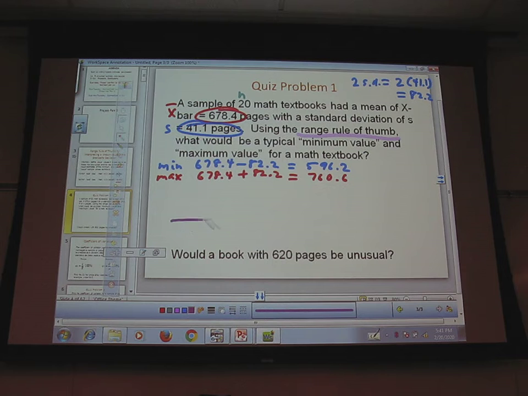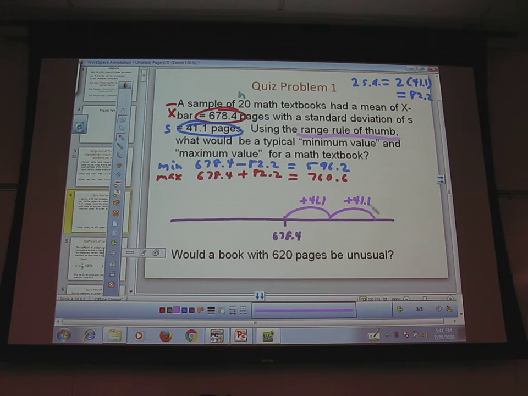Or you could have done the visual way instead. Here in the middle is my mean, 678.4. And I'm going to jump 2 this way. So I add 41.1, add 41.1, and that gets me to 760.6.